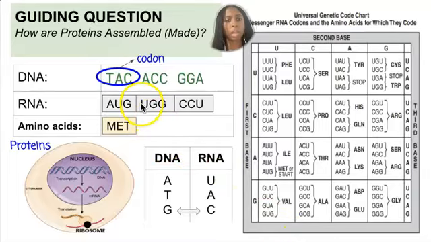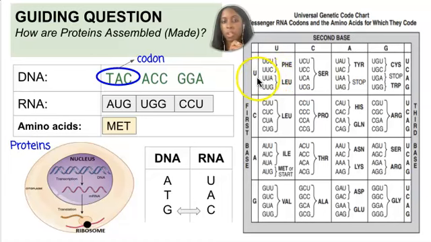Now the next one's a little bit more complicated. Again, we're going to look at this row here, and we see that the first letter is U. Then we roll over to figure out where our next letter, G, is. An easy way of doing that is by looking at the top.